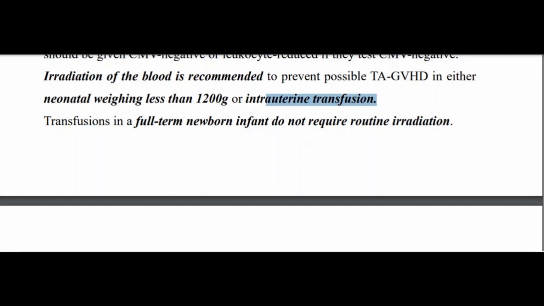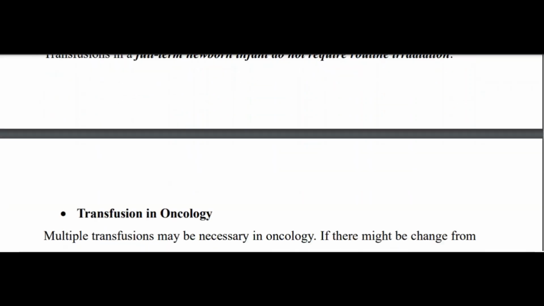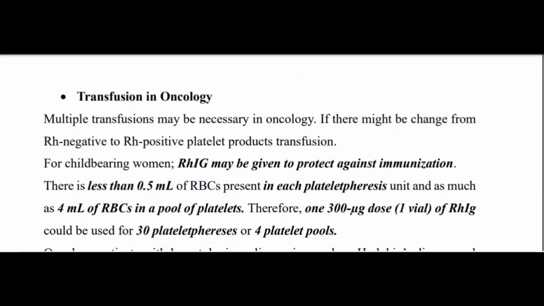And also in intrauterine transfusion, it is mandatory that every unit be irradiated. But for the relative, that is different. So this is only to consider just any unit for transfusion to these patients. Okay, that's what you can do for this newborn.